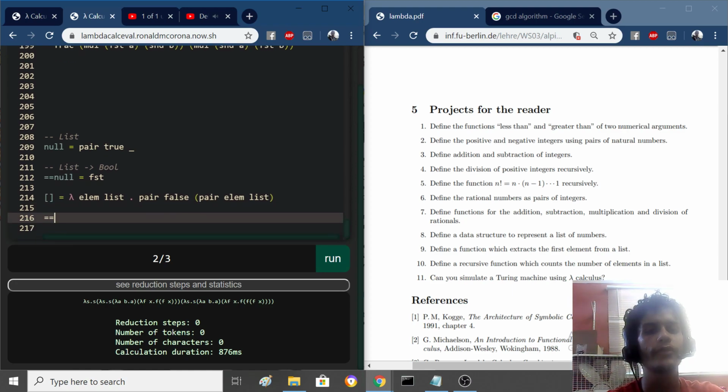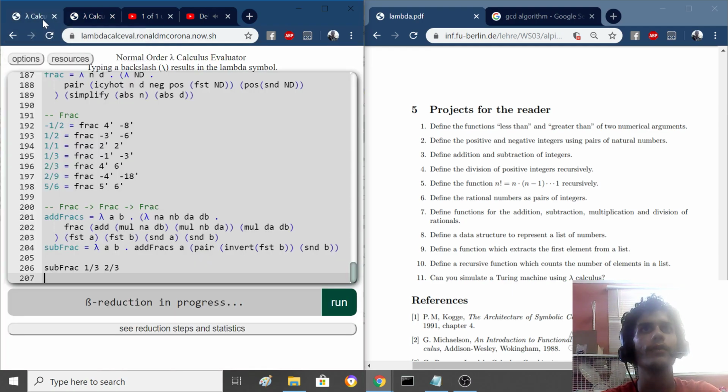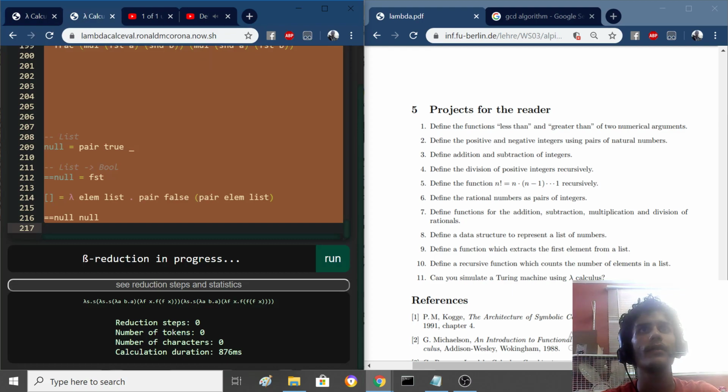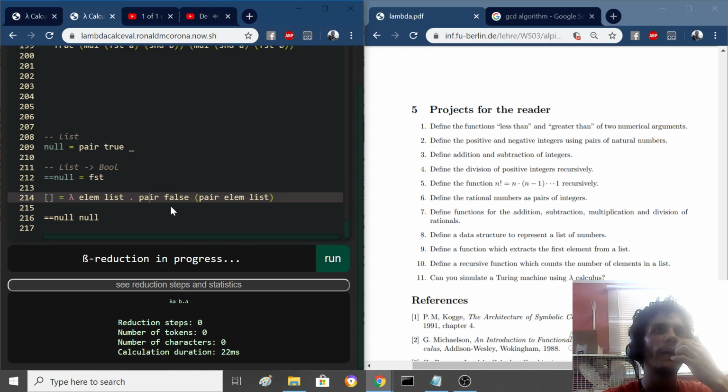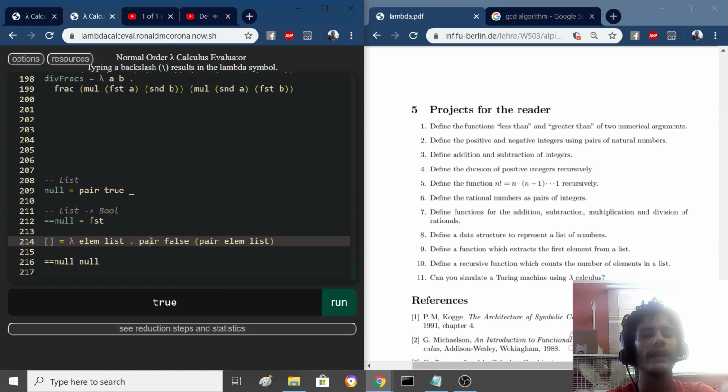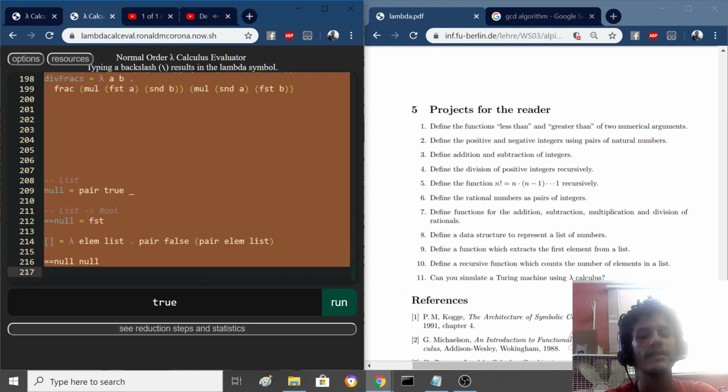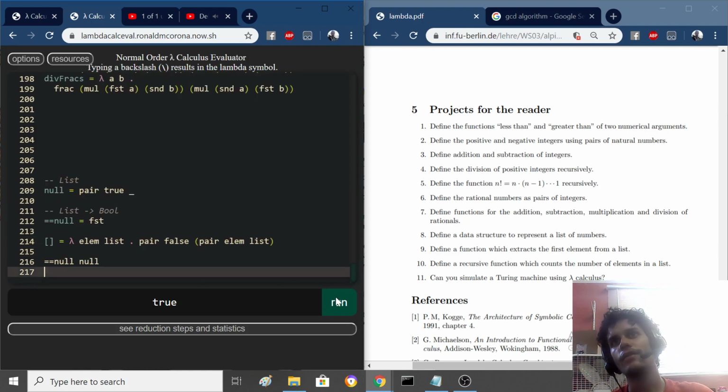Alright, first we want to do some obvious checks, which is checking if null is equal to null. True. And that looked like it took a while. I know why it's taking so long, by the way. It's saying 12 milliseconds, so it's actually really fast. But what's taking so long? Look, 1, 2, 3, 4, 5.